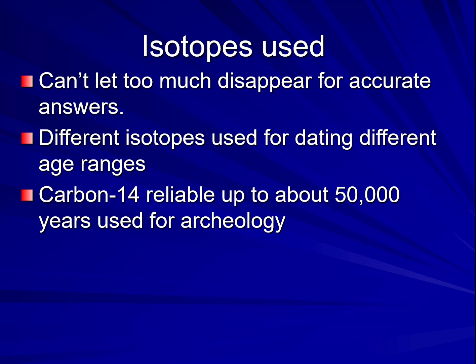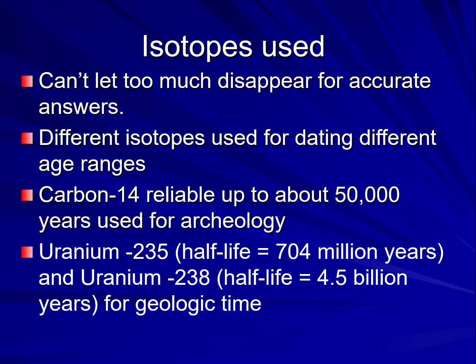But I keep throwing around numbers like, hey, the Earth is 4.5 billion years old. How do you know the Earth is 4.5 billion years old? Well, they use uranium. A couple kinds of uranium. Uranium-235 has a half-life of 704 million years. If you can go to 9 half-lives, that's 6.3 billion.